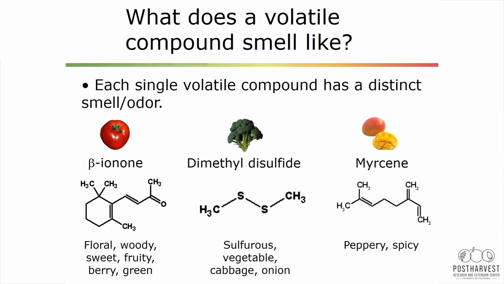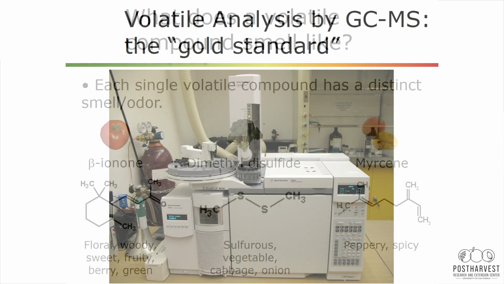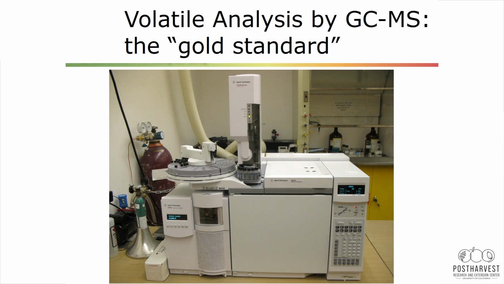It has this terpene smell that comes from a lot of terpenes, including myrcene. So each and every volatile has its own smell. But when you combine it all together, it brings you an entirely new perception of smell.